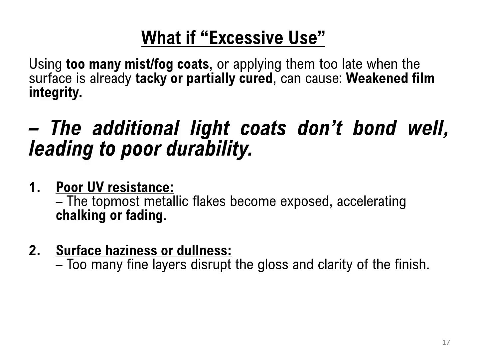In case of poor UV resistance, the topmost metallic flakes become exposed, accelerating chalking or fading. Likewise, in case of a hazy or dull surface, too many fine layers disrupt the gloss and clarity of the finish.